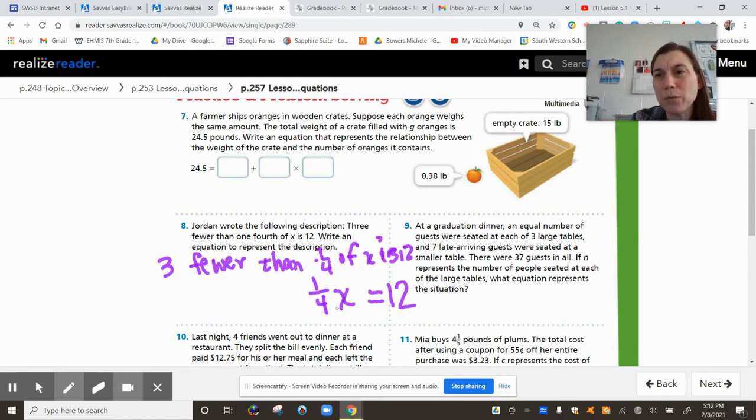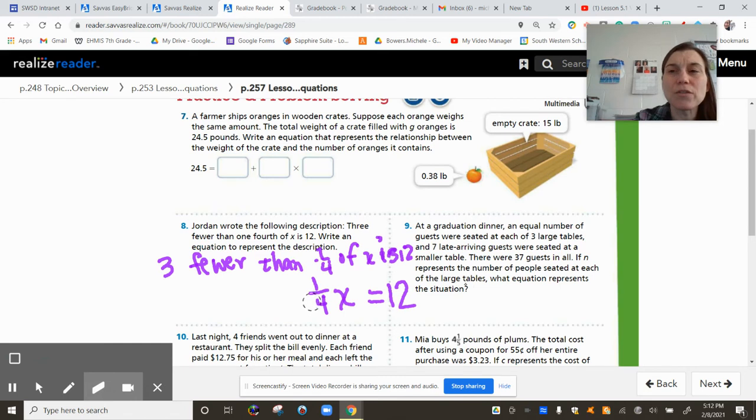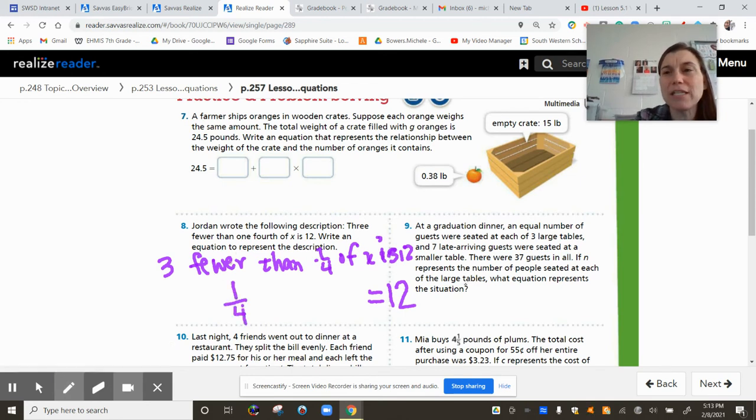But how am I going to do 3 fewer than that? Well, our tendency would just do 3 minus that, but that would be wrong because it's 3 fewer than 1/4 x, so that means you're actually taking the 3 away from the 1/4 x. So whenever you see the word than, that means you have to reverse the order. Like that. So there is the equation that matches that description.